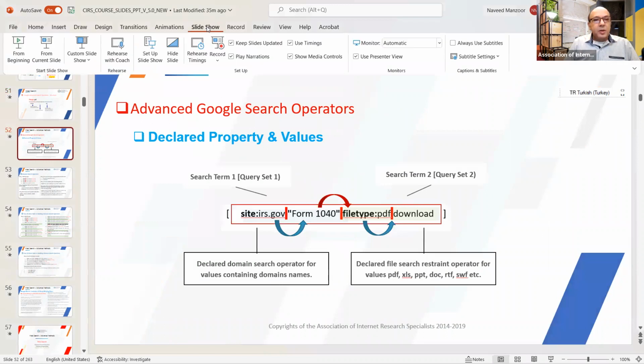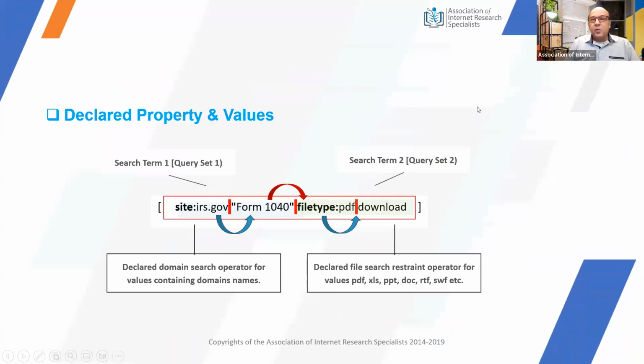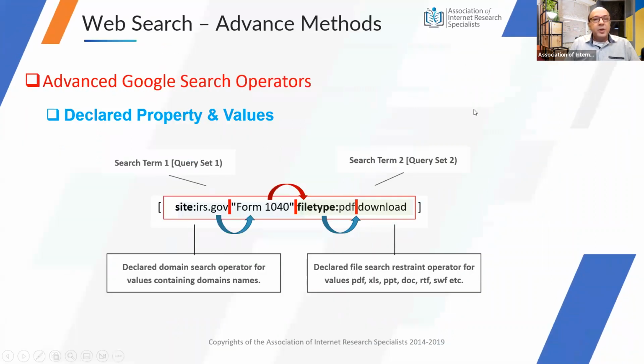Now, another thing about the advanced operators is that we can use them multiple times, or we can use these different operators all in the same search query, meaning that we don't have any rules that restrain or prevent us from using all these advanced operators in a search query. However, there are exceptions to certain types of operators that would not work with any other operator.